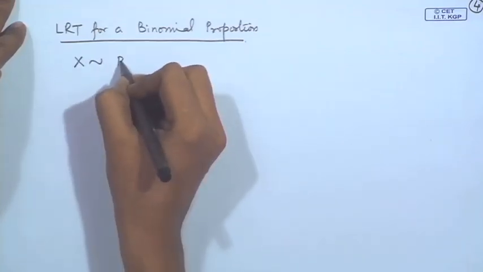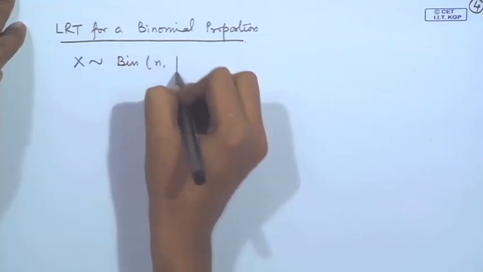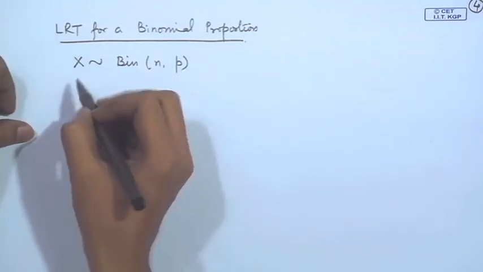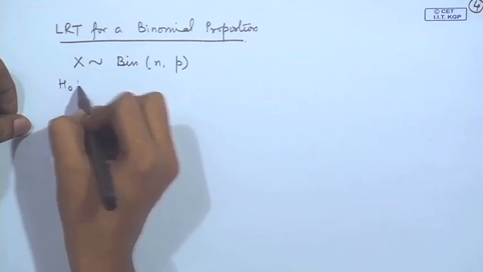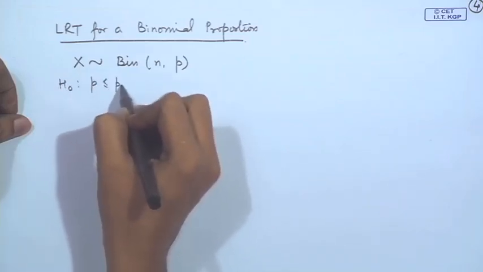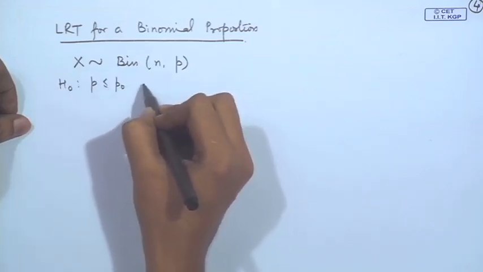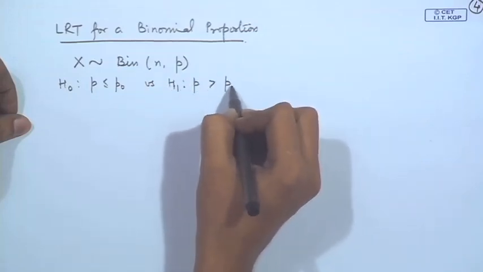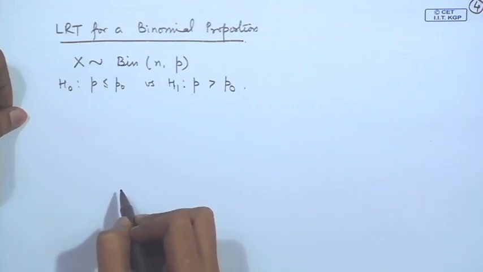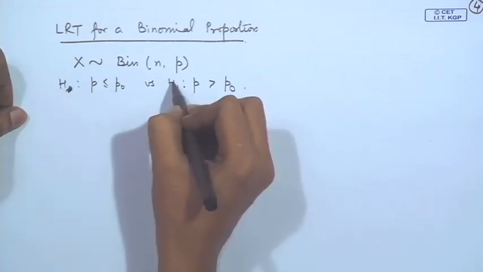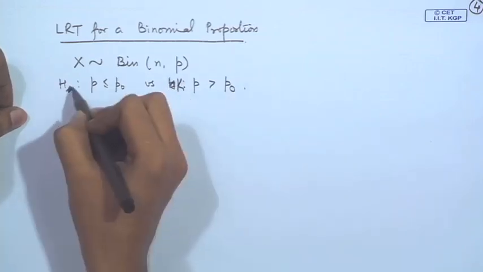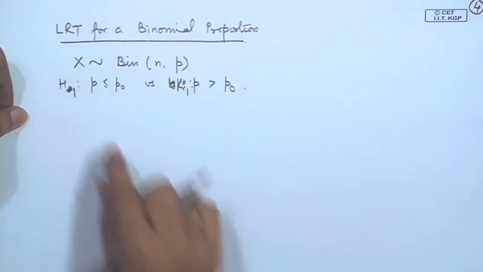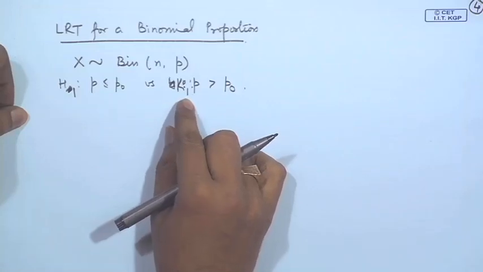We have the data X following binomial(n, p) distribution, and we are considering the hypothesis testing problem, say H: p less than or equal to p naught against K: p greater than p naught. Let me write it as H1, K1 following our usual convention for one sided testing problem.